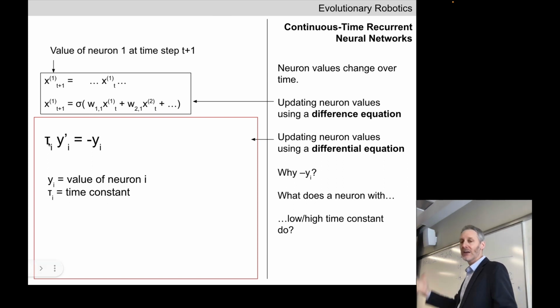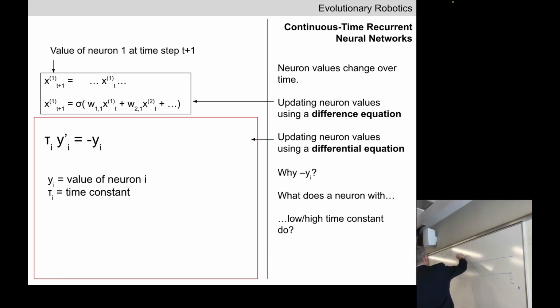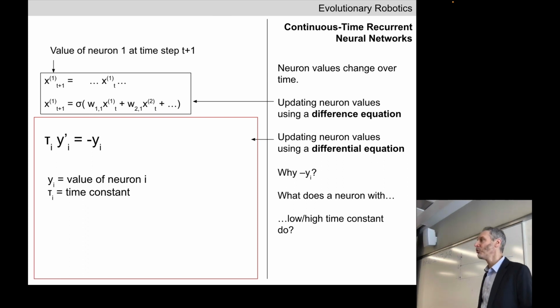This is something that the investigators can set, or the evolutionary algorithm can set. It can assign different positive or negative floating point values to this time constant. Let's set our hypothetical neuron here, y sub i, to have an initial value of 1.